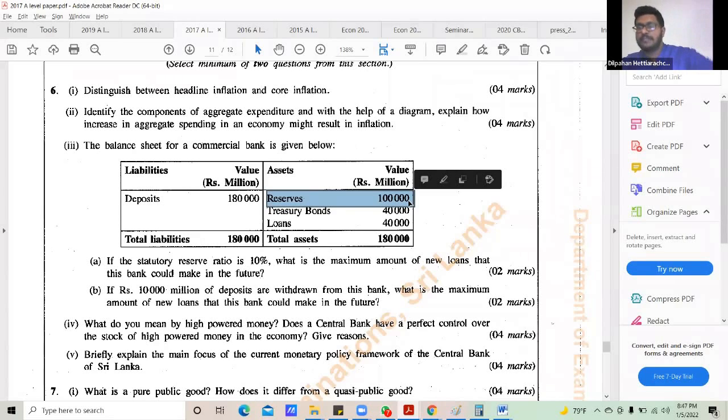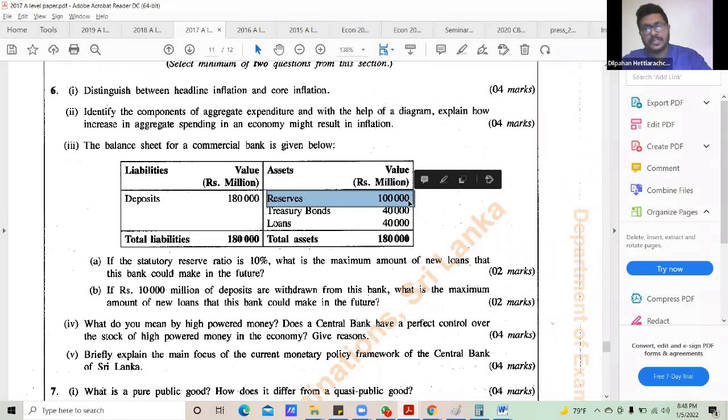Likewise, to give money, they have to hold 10%. So who decided this percentage? The central bank, right? They have given it as 10%. What is the maximum amount of new loans that this bank could make?